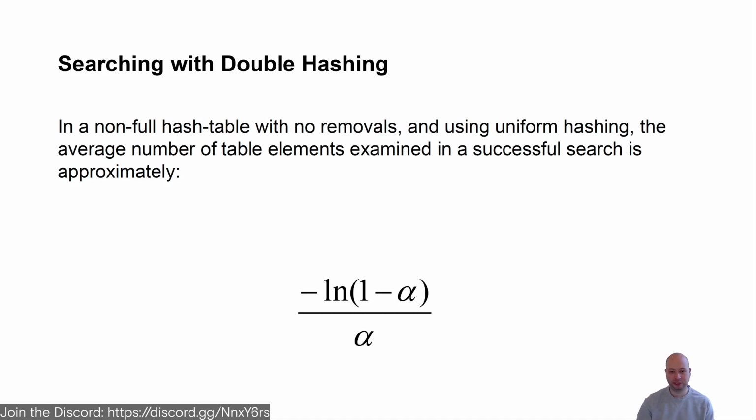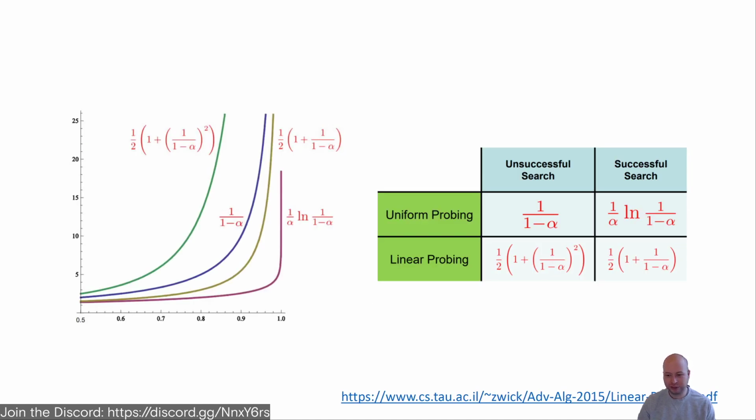So as you can see, as our load goes closer and closer to 1 with double hashing, things get much, much more difficult. Here's just a quick example. I pulled this from a really great deck from Tel Aviv University. On the left you can see the variety of things.